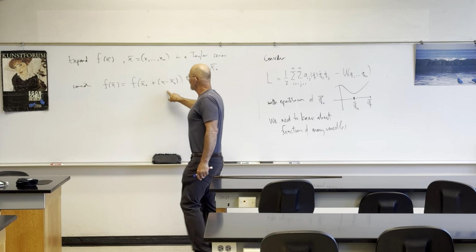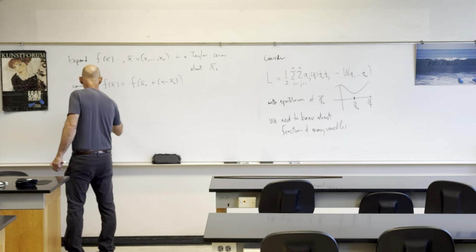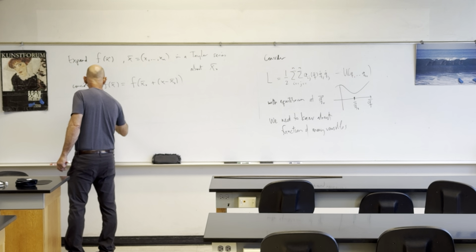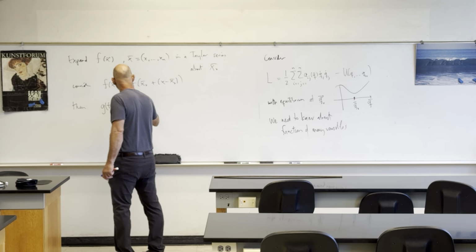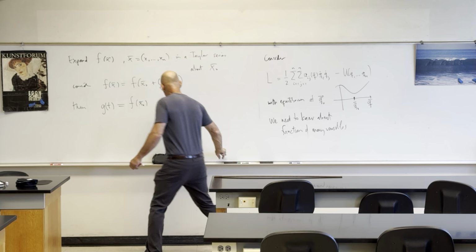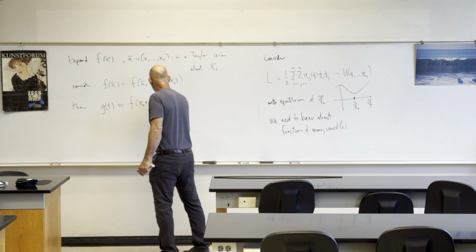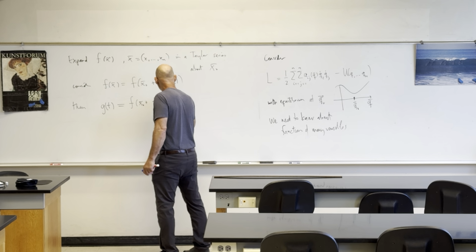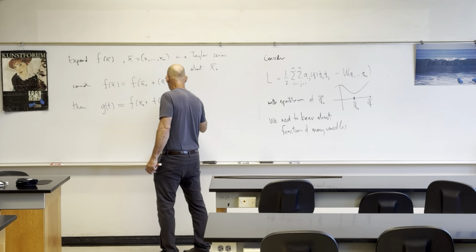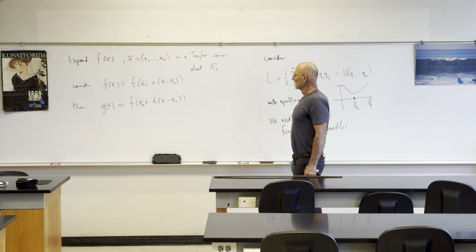So we consider this, then we're going to let g of t equal f of x naught plus t times the vector x minus x naught. And t is just a real number. So what is this geometrically now?